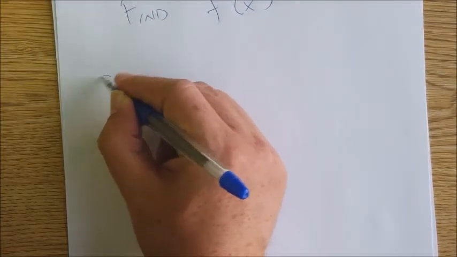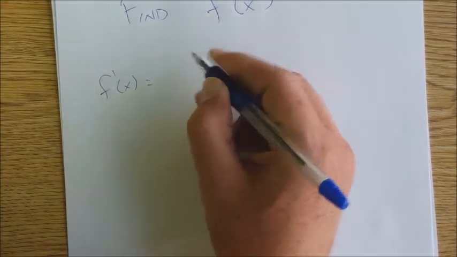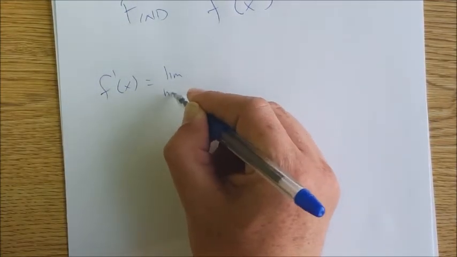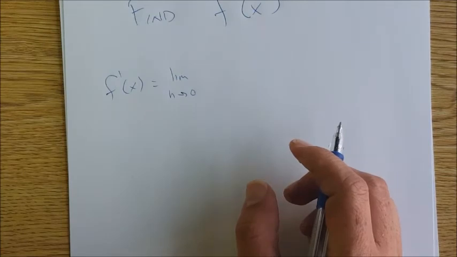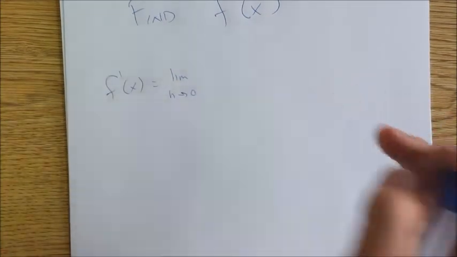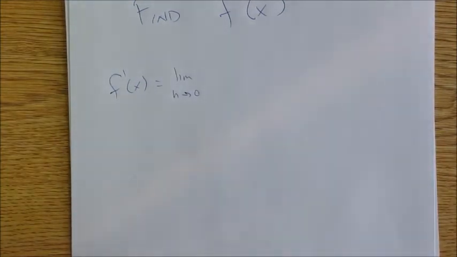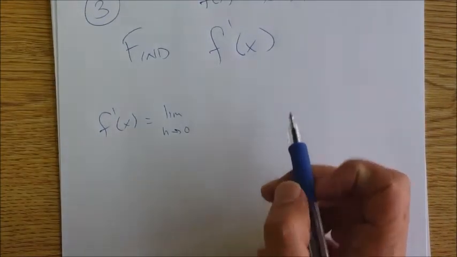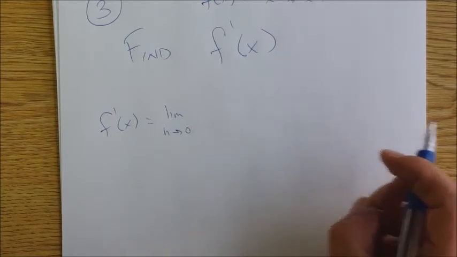One last time. The derivative is the limit as the h gets really close to 0. That's when those 2 points are getting really close together, and that line is perfect, what we want it to look like. The slope, there we go.